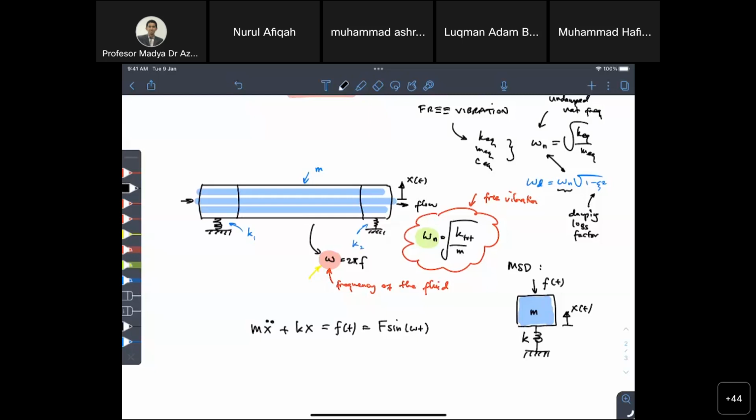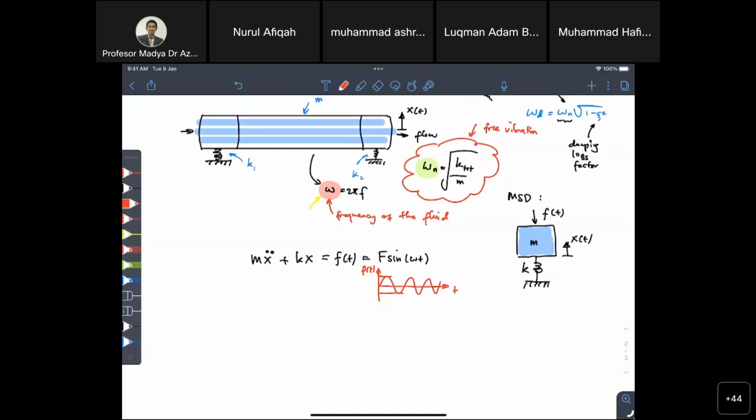What it means by sinusoidal is that the function of the force will be sinusoidal, so it forces the piping to vibrate. So this going up, going down, going up, going down. Right? That's sinusoidal.